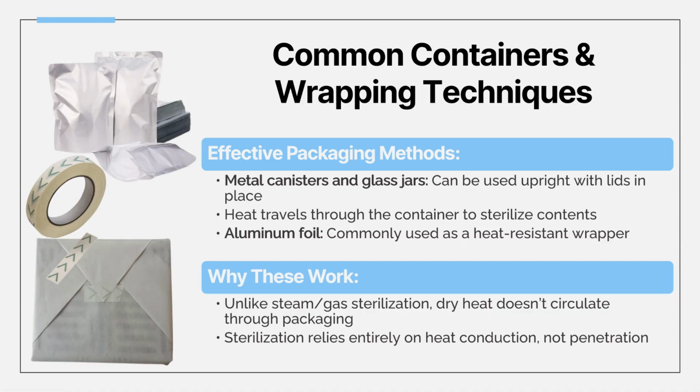So the key is choosing materials that let heat move directly into the instruments to ensure effective sterilization. This here is the actual external chemical indicator used for dry heat. When it reaches a certain temperature, the color on this tape will change to this.